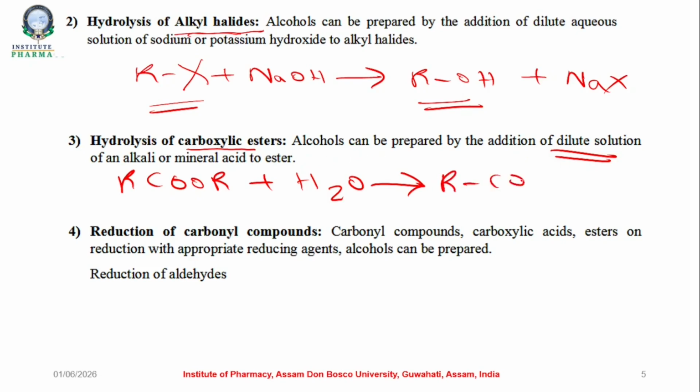This will give us a carboxylic acid and alcohol as our product. Next is by reduction of carbonyl compounds. If we take one example, then we have this carbonyl compound.